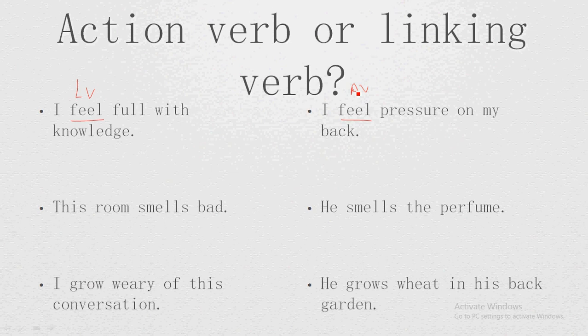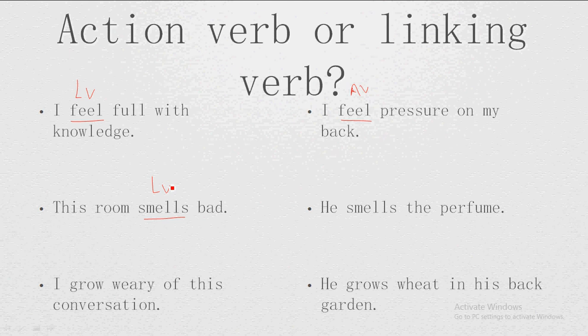The linking verb here is smells. It is linking the room to a state of smelling bad, describing the way the room smells. It's not describing the action of smelling, because the room cannot smell anything. It doesn't have a nose.